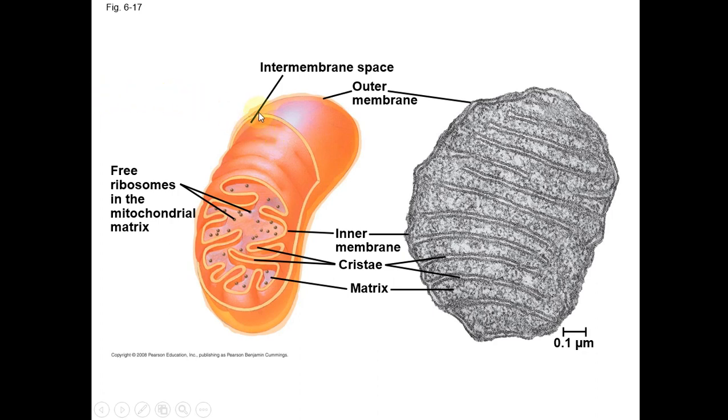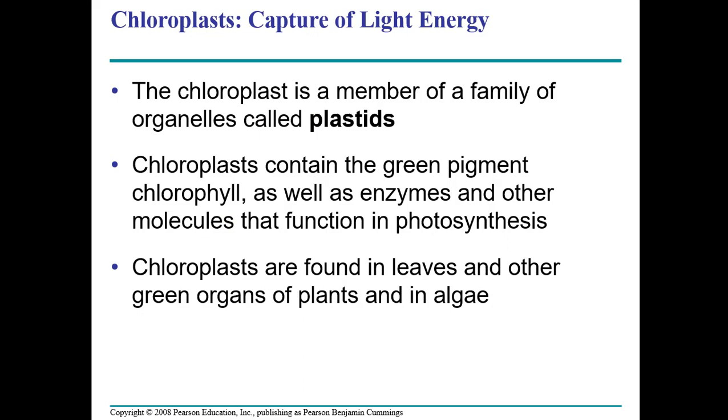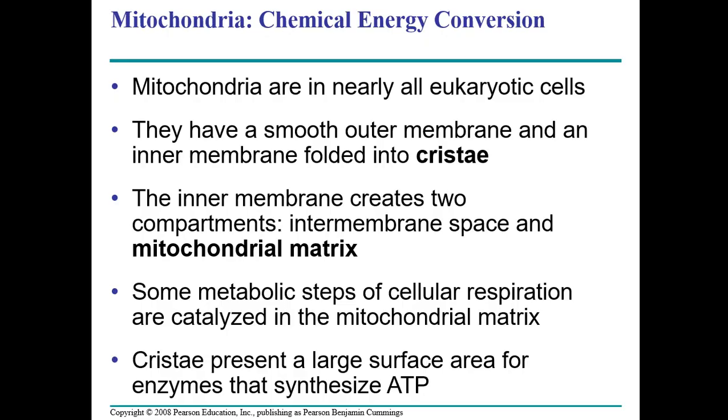So ito, meron siyang double layer, right? So between the second layer and first layer, you will call the space as intermembrane space. Yung matrix naman, it's the space inside the second membrane or the cristae or the infoldings. Okay pa? So yan.